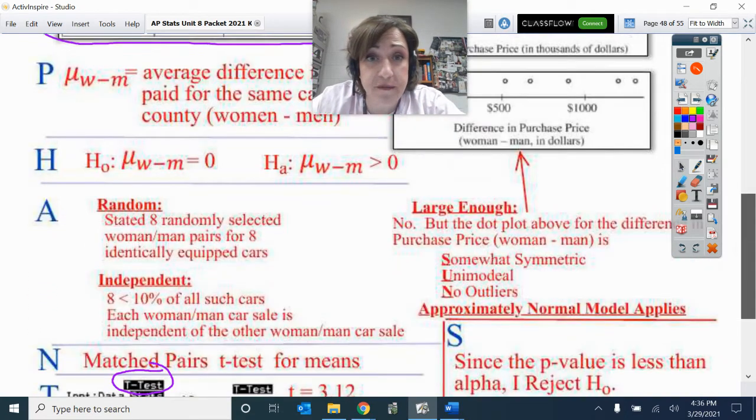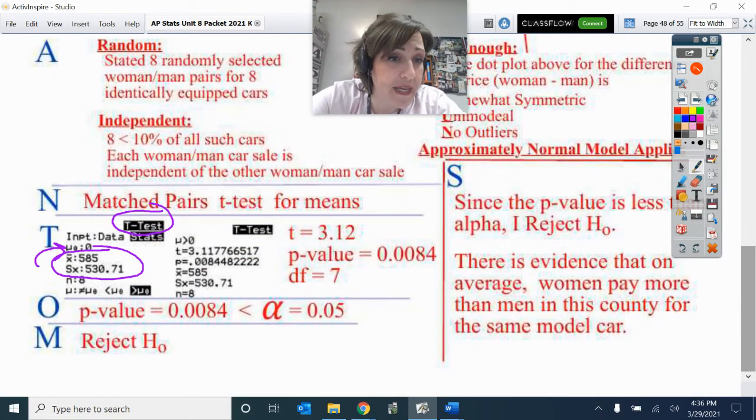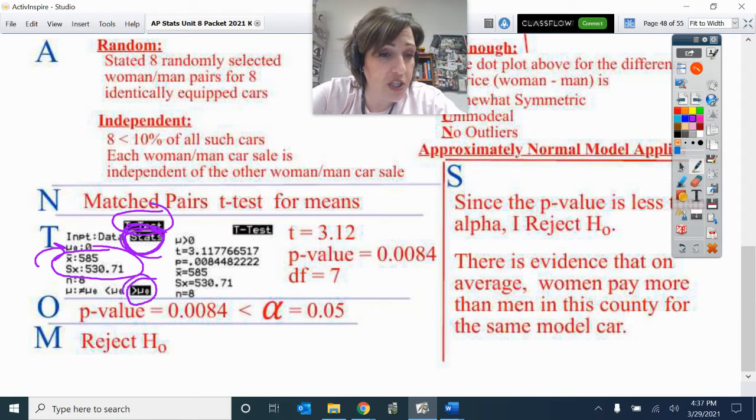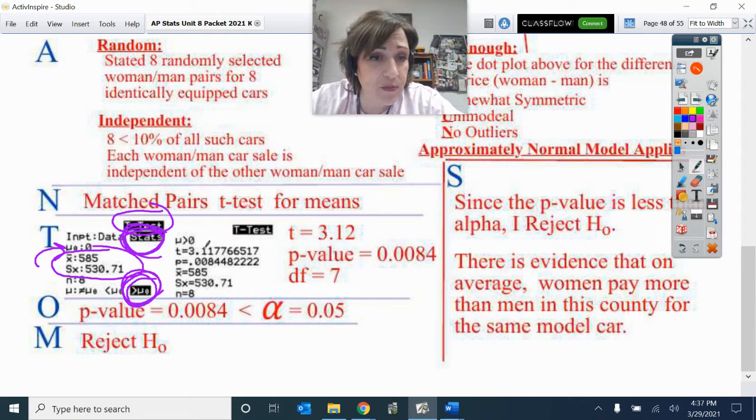You could have done all the individual pieces of data, but because I had the summary statistics, that's easier. And then my alternative hypothesis was a greater than. When I calculate, it gives me a t-score of 3.12.